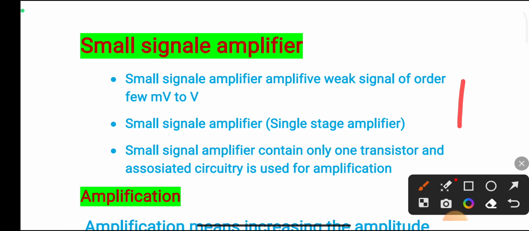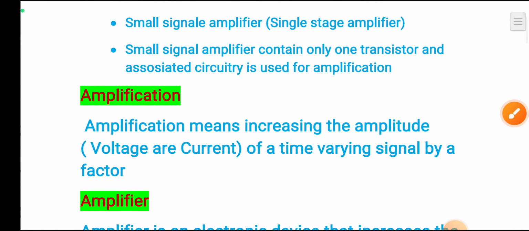Next, amplification. First of all, we study the process of amplification. What is amplification? Amplification means increasing the amplitude, like voltage or current, of a time varying signal, meaning an AC current, AC voltage or AC signal, by a factor.